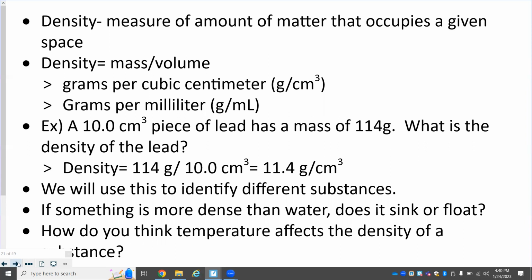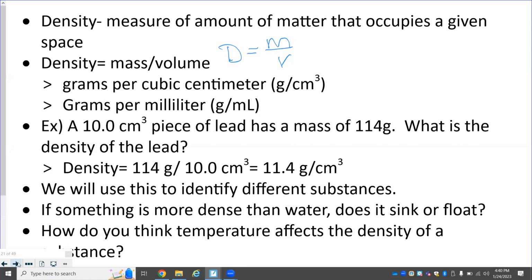If you have two of the measurements, you can figure out the other one, so you can use this to solve for mass, volume, or density. Density tends to be measured in grams per cubic centimeter for solids or grams per milliliter for liquids. But again, it's going to be the same amount.